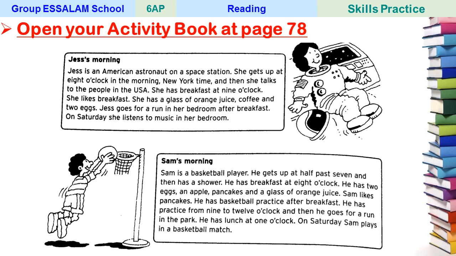Sam likes pancakes. He has basketball practice after breakfast. He has practice from 9 to 12 o'clock, and then he goes for a run in the park. He has lunch at 1 o'clock. On Saturday, Sam plays in a basketball match.